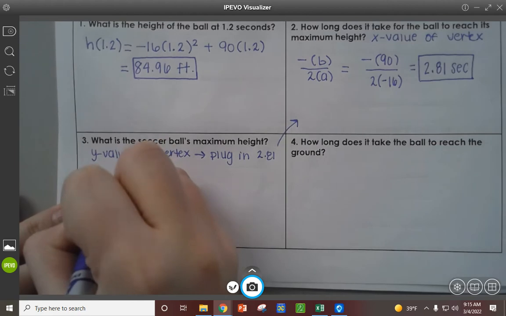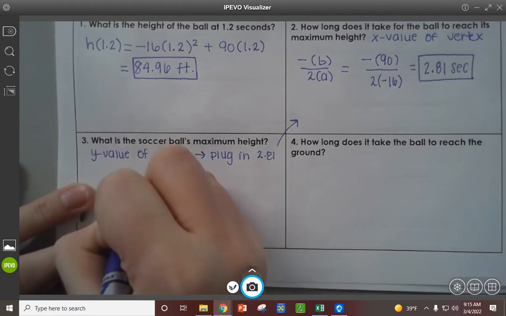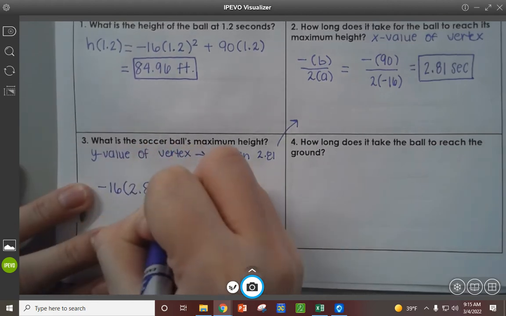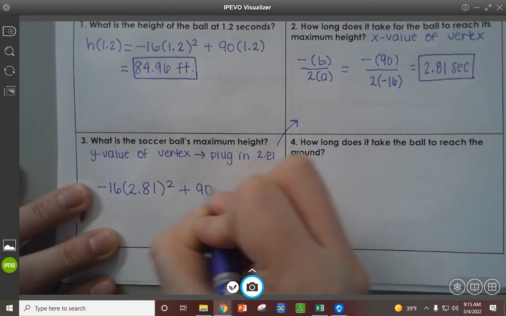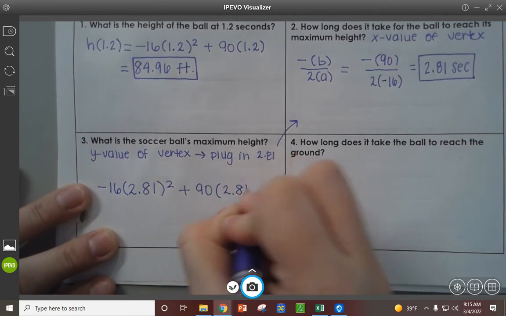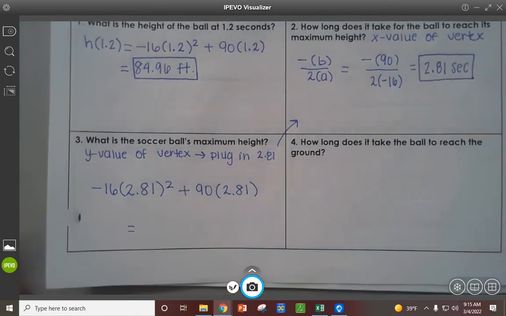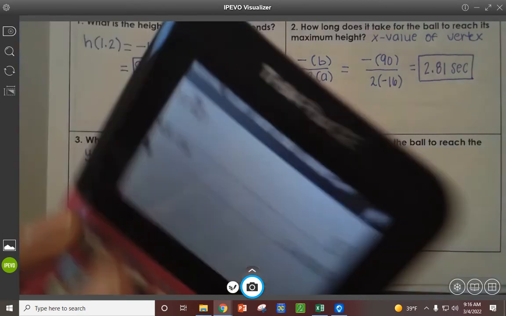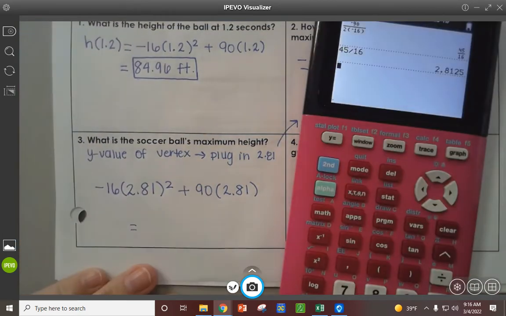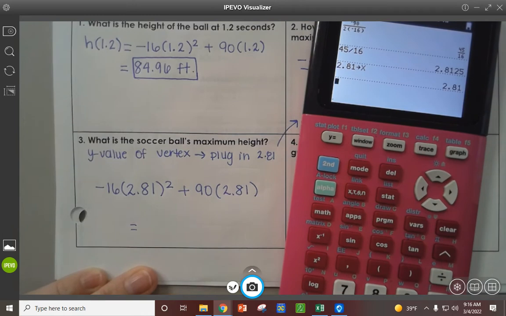So we're going to do negative 16 times 2.81 squared plus 90 times 2.81. And you can type it in like this, or you can use the store button.